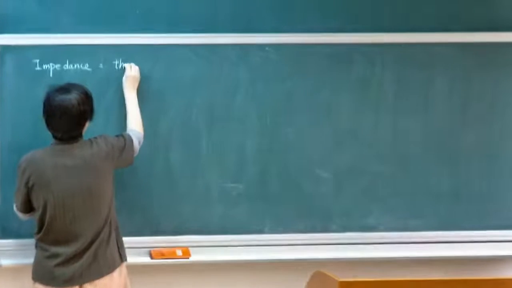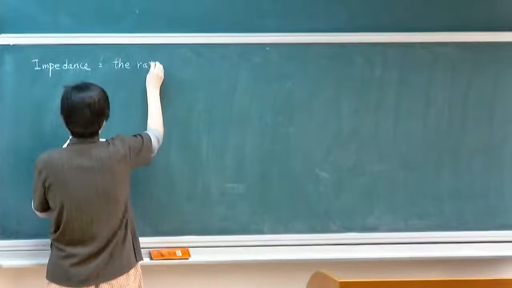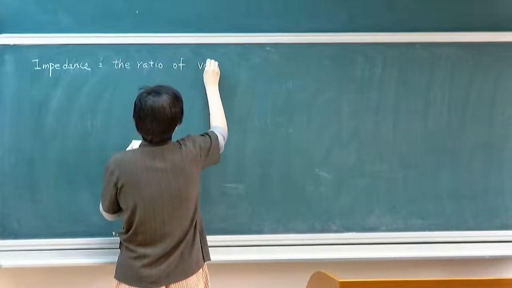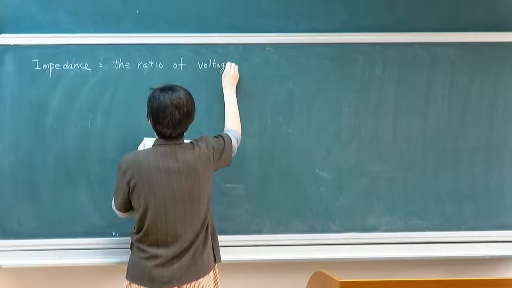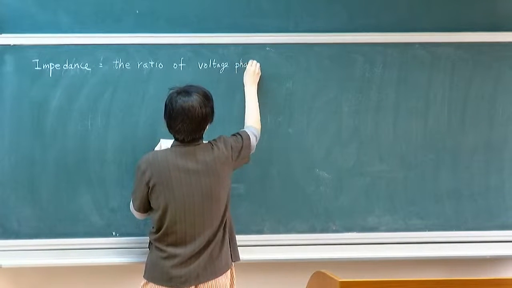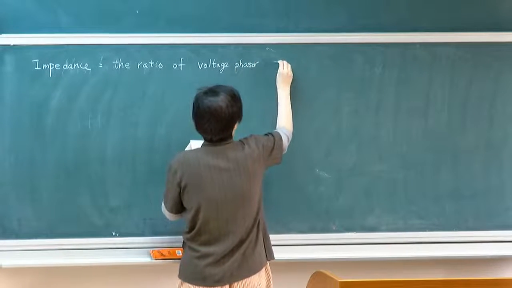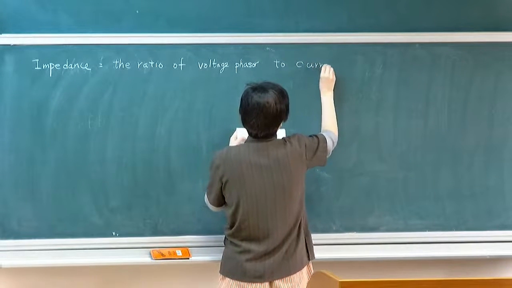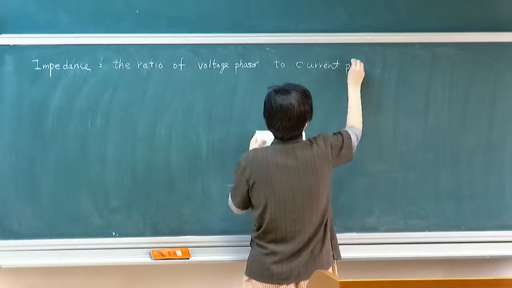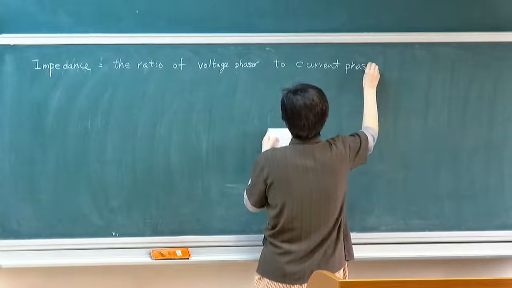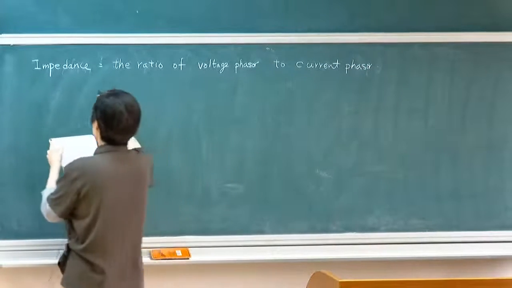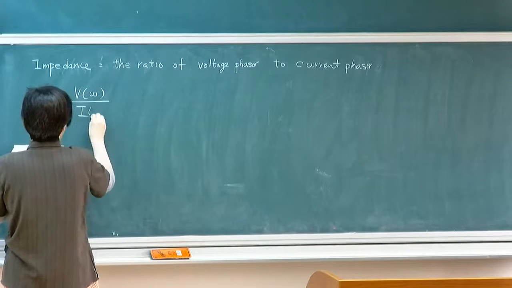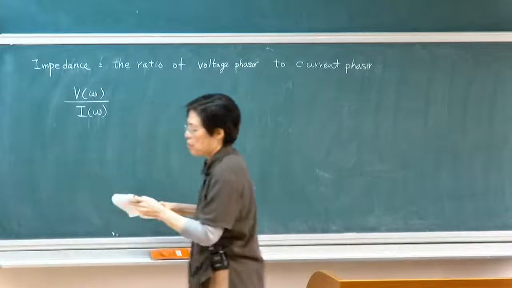Impedance is, I'm just going to give you the definition, the ratio of a voltage phasor to a current phasor. In circuit theory, you already deal with that, so I'm just going to define it. By definition, the impedance will be V as a function of frequency over current as a function of frequency.